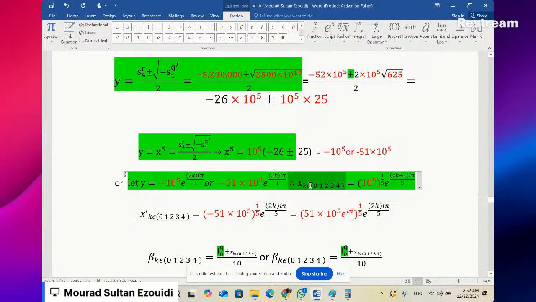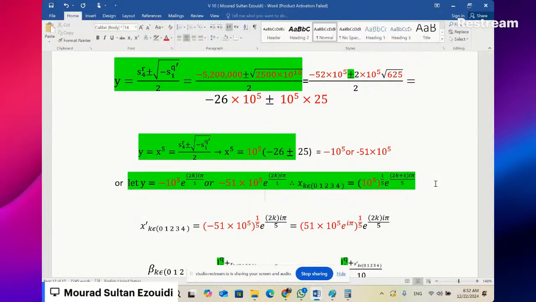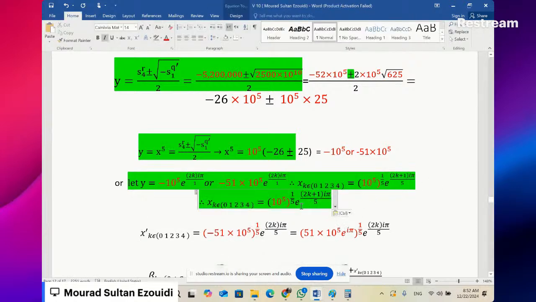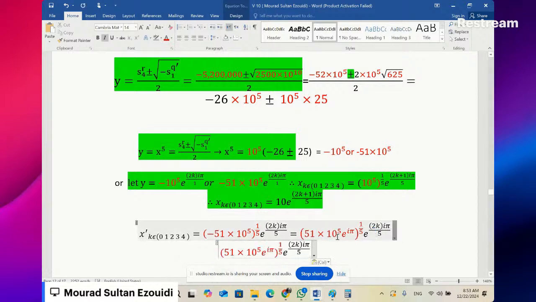You see, when you divide this by 5, this one has to be equal to. I will first continue doing this until the first one. And therefore, you see, 10 raised to the power 5, raised to the power 1/5, will be only 10. So I will just write 10. Then the next, this one is equal to, equal what? 10 raised to the power 5 raised to the power 1/5 will be 10.